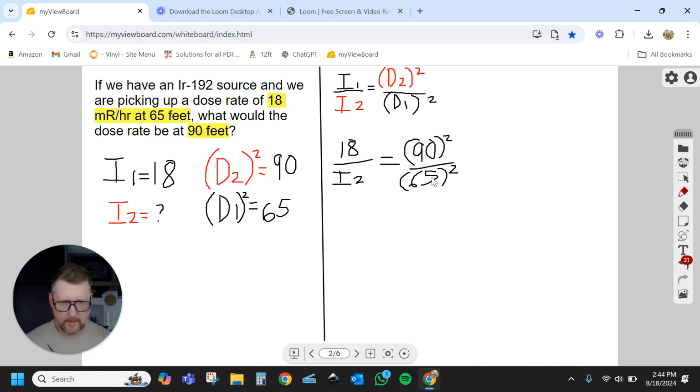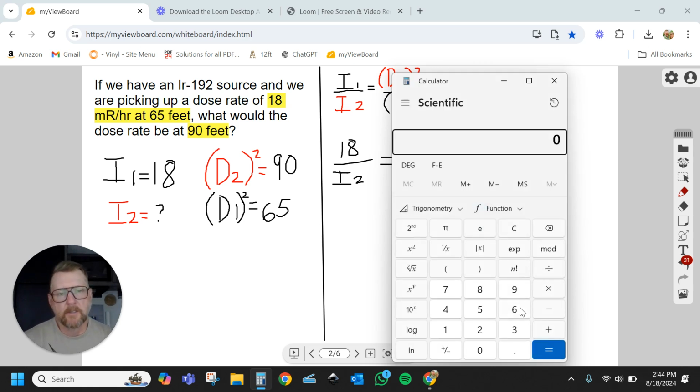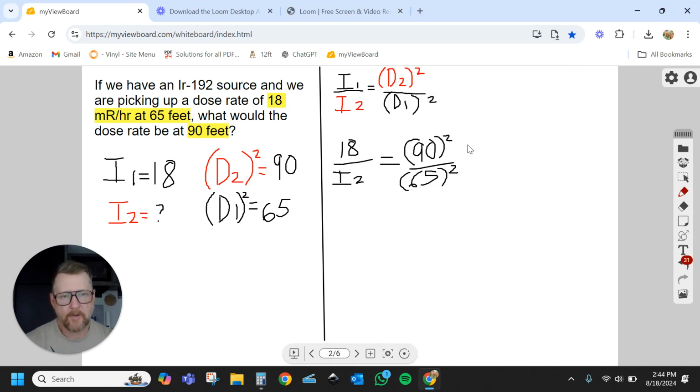So let's just simplify these. Grab the calculator. 90 squared, 90 times 90, is 8100. Just remember, squared means 65 times 65, that's all it is.